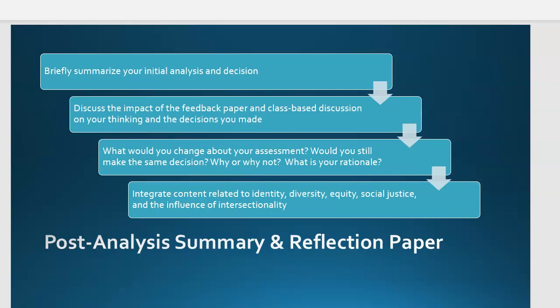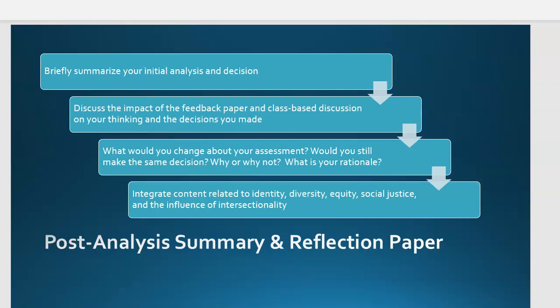And then you're going to discuss the impact of the class feedback, both from the specific feedback paper that responded to your in-depth case analysis, as well as the class-based discussion.